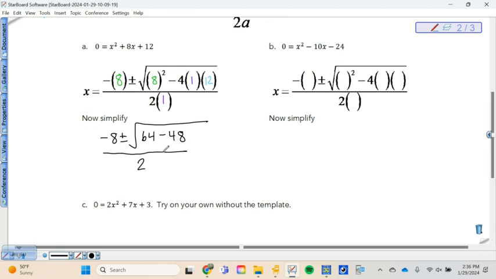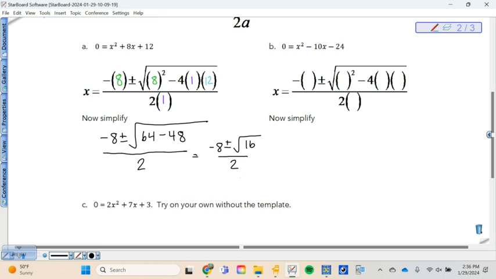Okay, let's continue simplifying. I have negative 8 plus or minus the square root of 64 minus 48. What's 64 minus 48? Divided by 2.